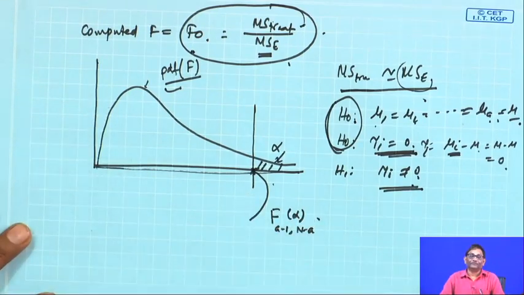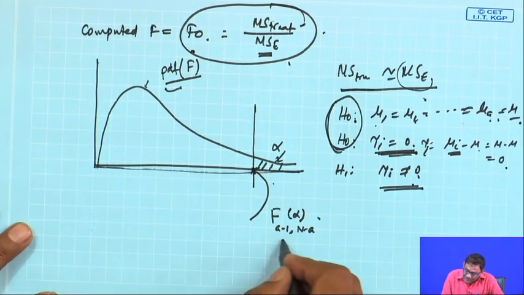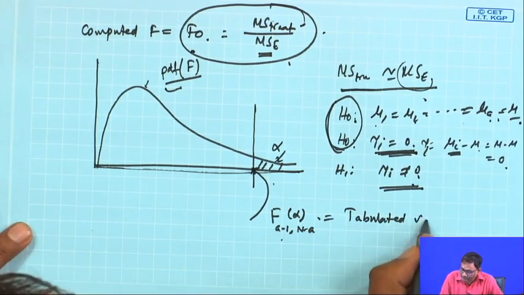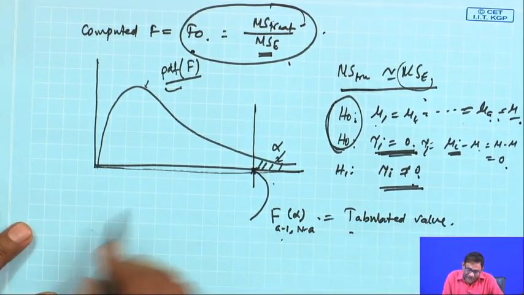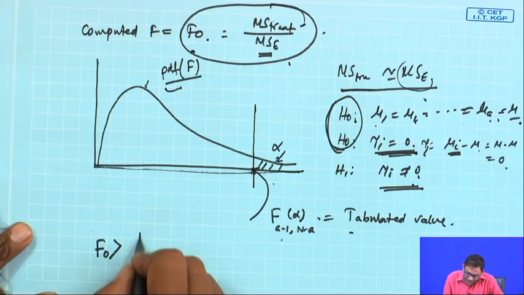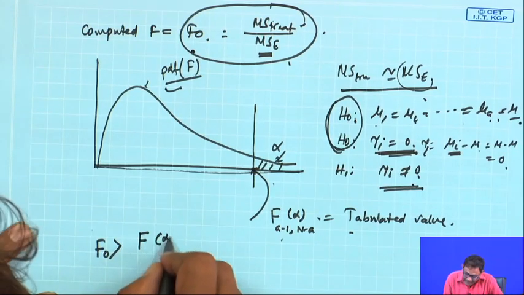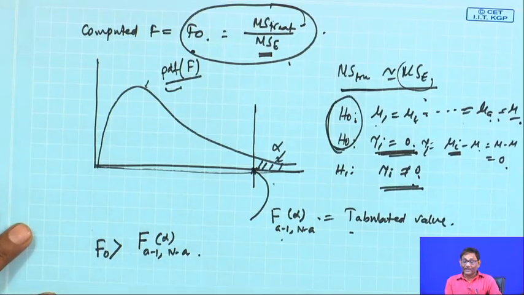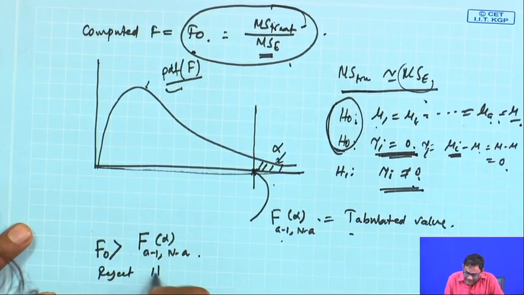This is known as the tabulated value. If your computed value F0 is greater than or equal to the tabulated value F alpha, a minus 1, n minus a, then you reject the null hypothesis.